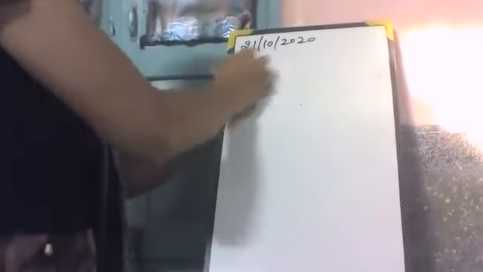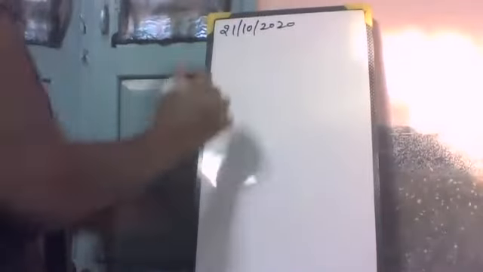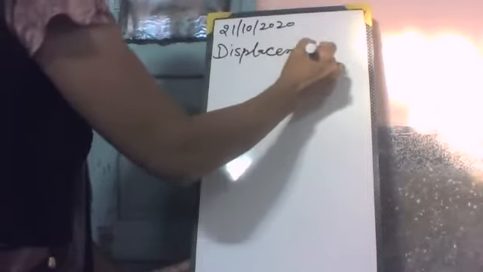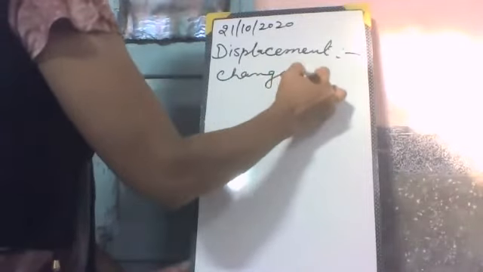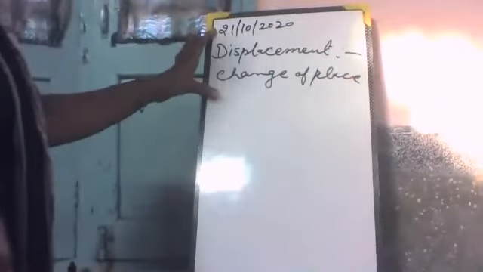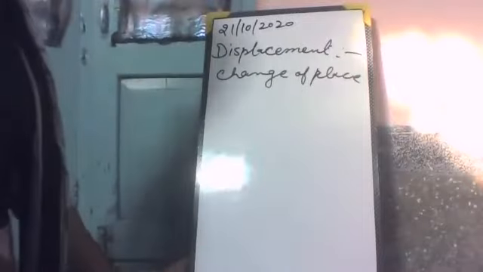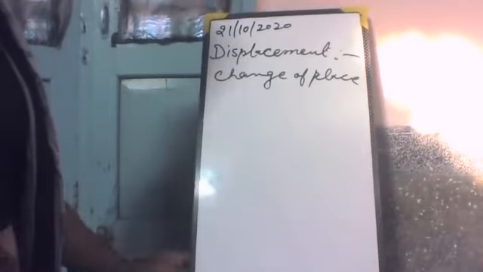Now the next reaction is displacement. Displace means change of place. Displacement reactions mean change of place. Some substances can change their place and displace each other.